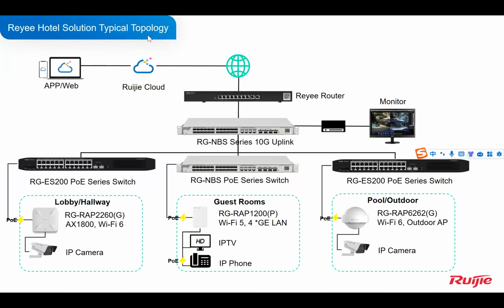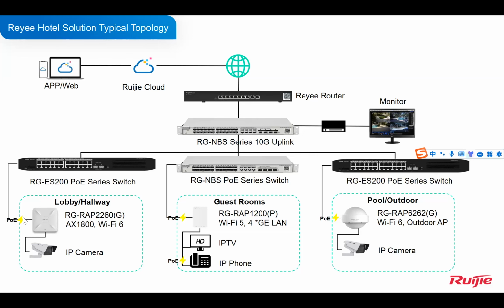Okay, now we can see our Reyee Hotel Solution typical topology. For this topology, we provide one router and one RG-S series switch as the core switch. Then we provide RG-S 200 switches and RG-S switches as the access switches.